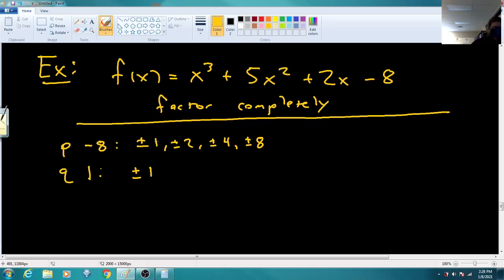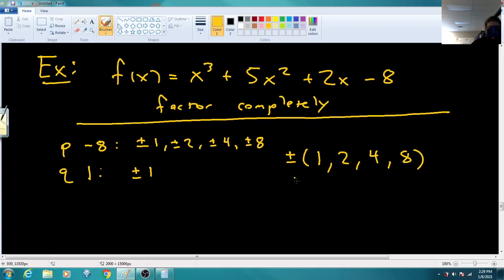So we're going to take every combination of these p-values and divide them all by plus or minus 1 and make a list of all combinations that can occur. So 1 over 1 is 1, 2 over 1 is 2, 4 over 1 is 4, and 8 over 1 just happens to be 8.